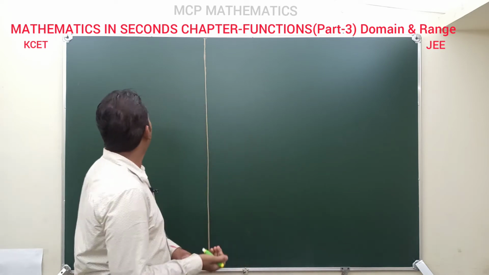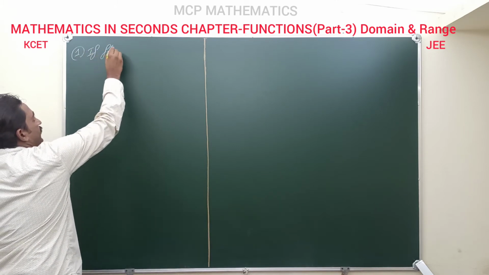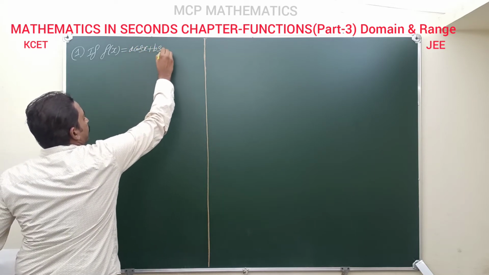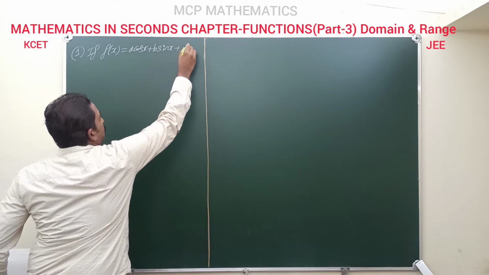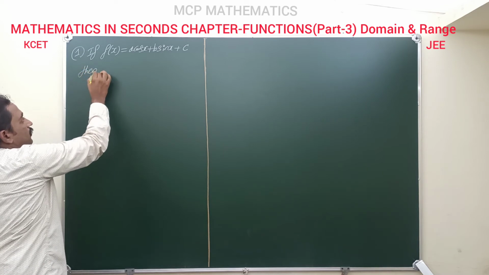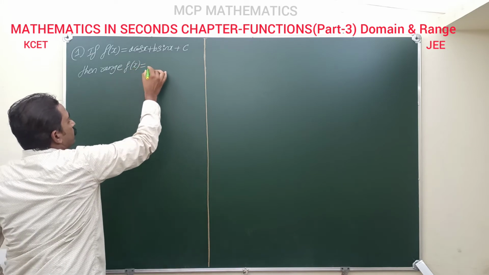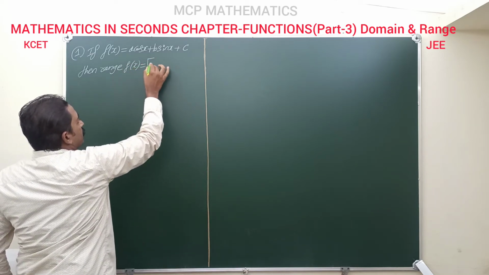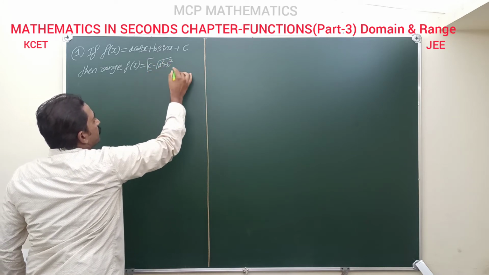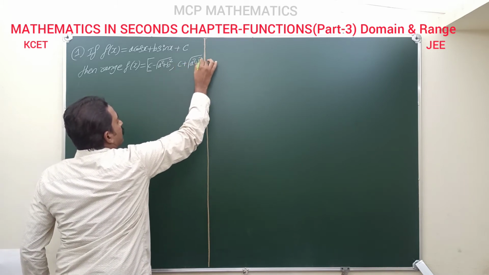So first, we take the first shortcut. If f of x is equal to a cos x plus b sin x plus c, then the range of this function is the closed interval c minus square root of a square plus b square, comma, c plus square root of a square plus b square.